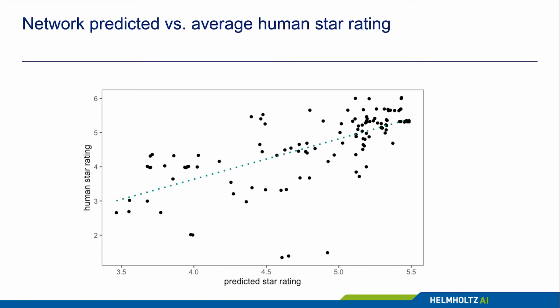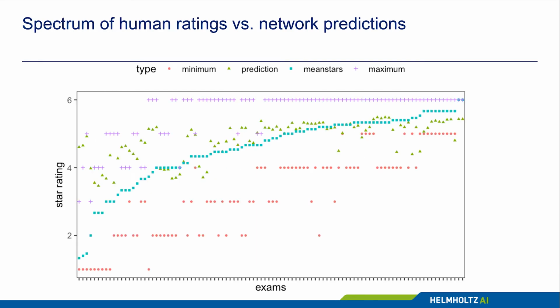Here, you can see the network predicted versus the human quality assessment. It seems that the variance increases for lower star ratings? Yes, however, it is important to note that the same is true for human raters. Expert assessments of segmentation quality also vary more for lower quality segmentations.